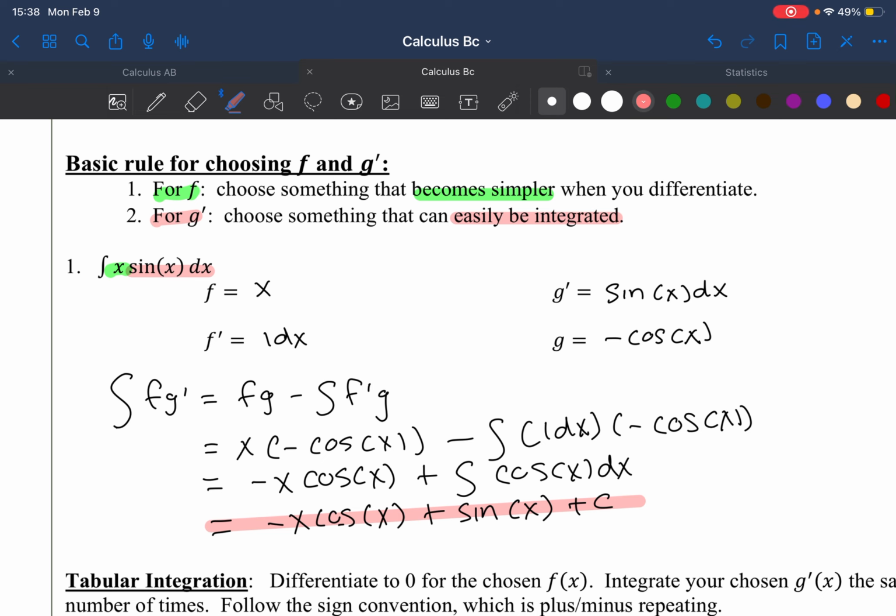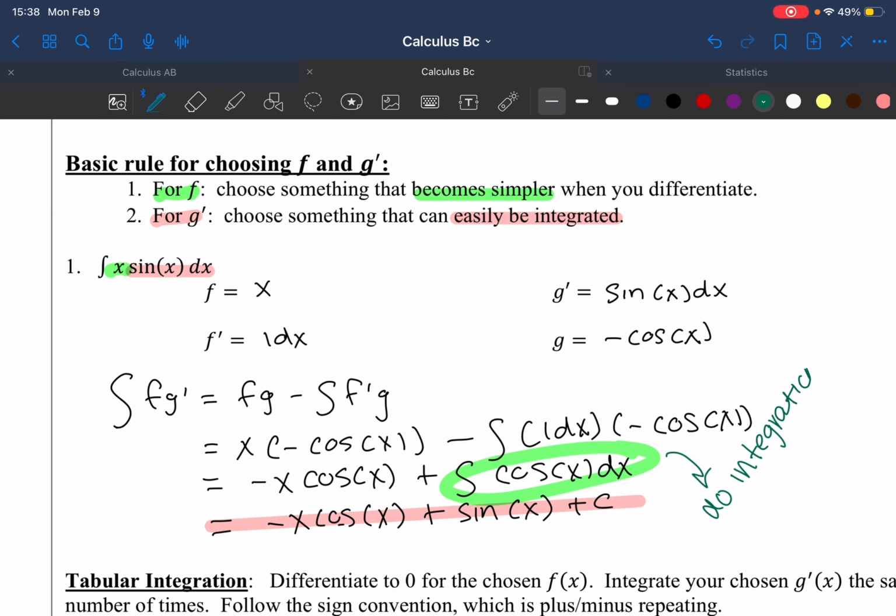Okay, if this part of the integral was not as easy to integrate, so it was a little bit more complicated, then you would do integration by parts again. So do integration by parts until you have something to easily integrate.